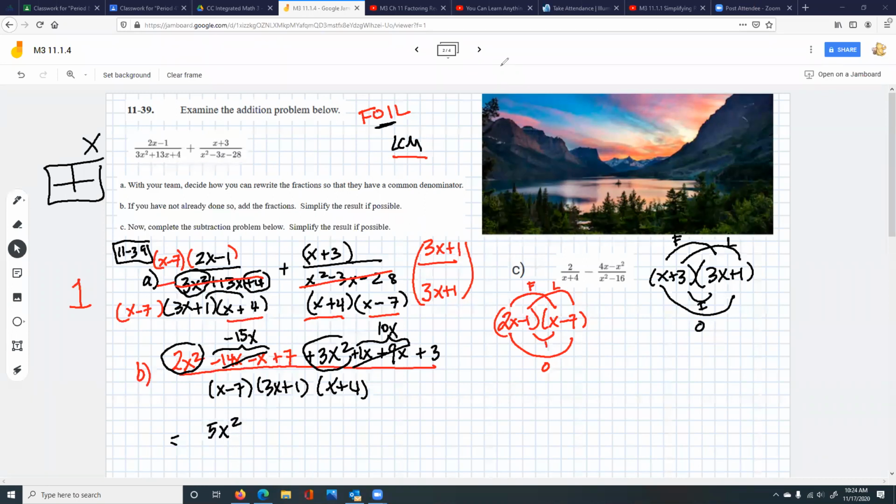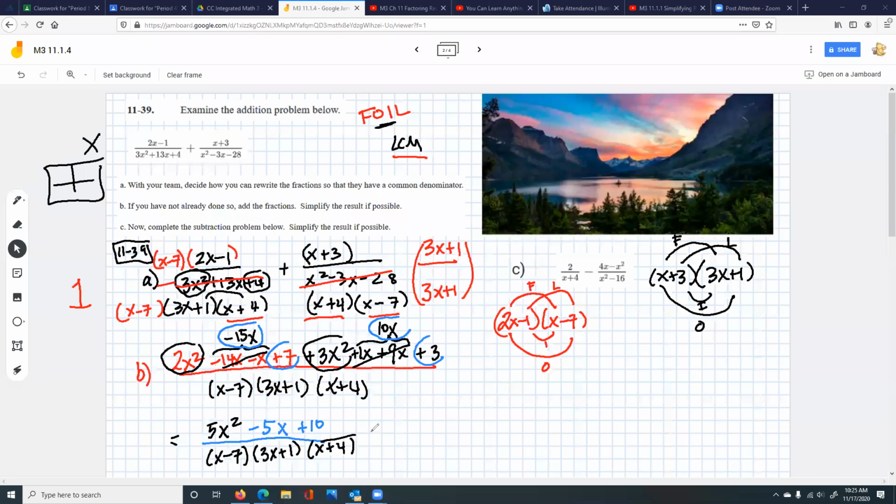Then our x's, negative 15x plus 10x is negative 5x. And lastly, our constant, 7 plus 3 is 10. And then our denominator just remains the same. Do not multiply these out. We're going to keep it x minus 7, x plus 4. You never multiply the denominator out. The numerator, yes. The denominator, no.